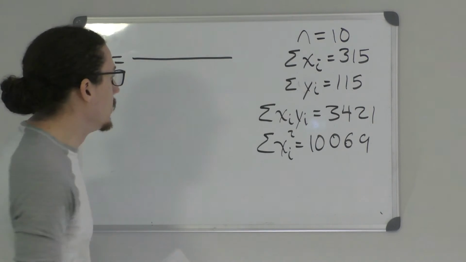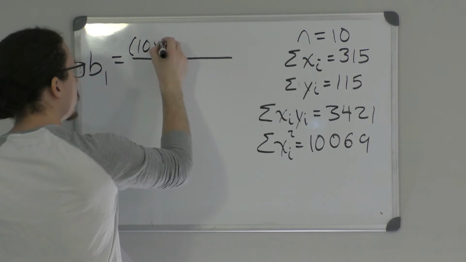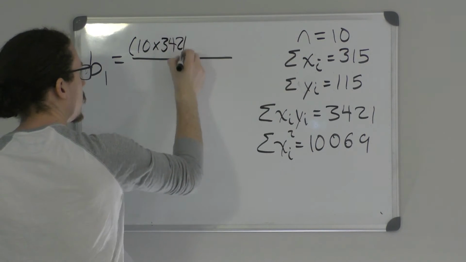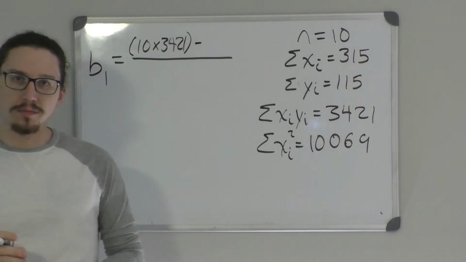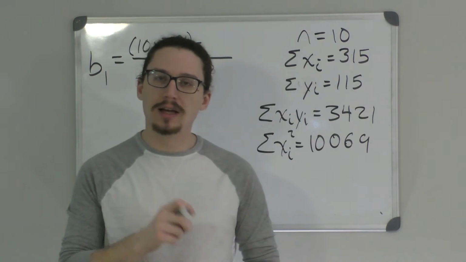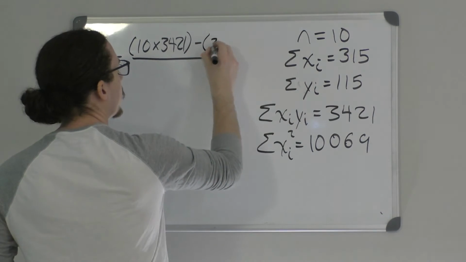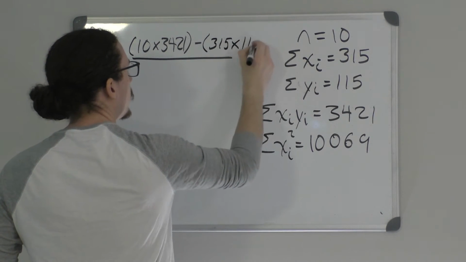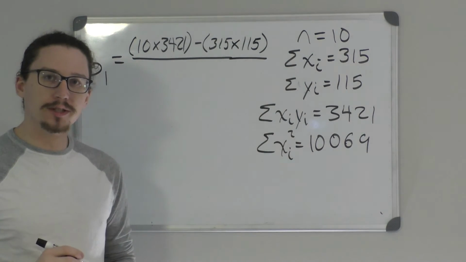So n is 10. The sum of xi times yi is 3,421. Then we're going to subtract from that the sum of xi times the sum of yi. So 315 times 115. And we'll move into our denominator.